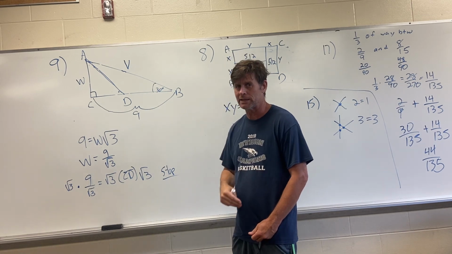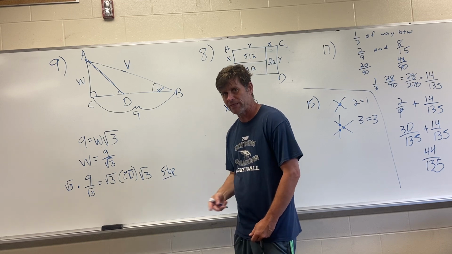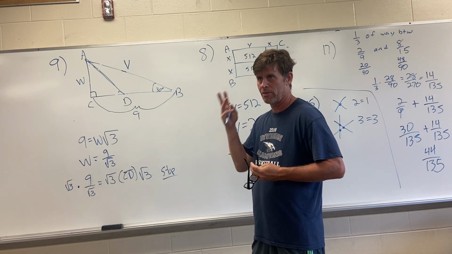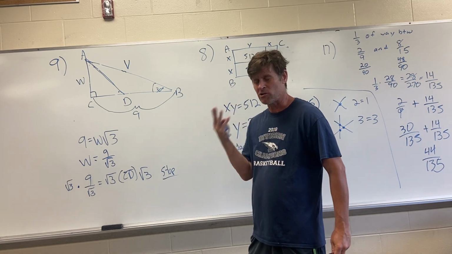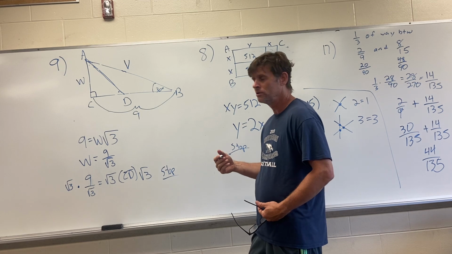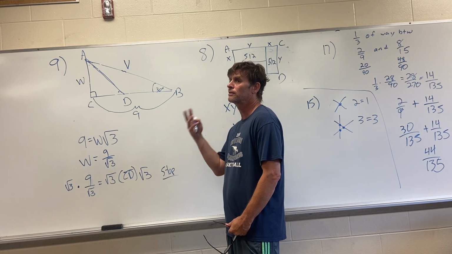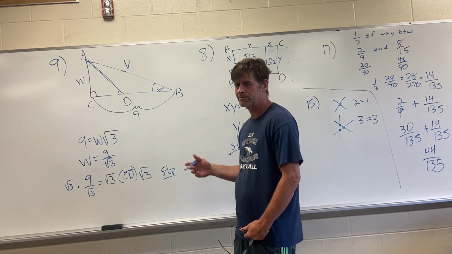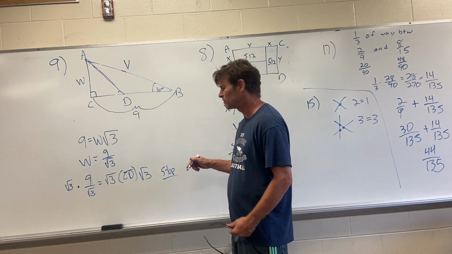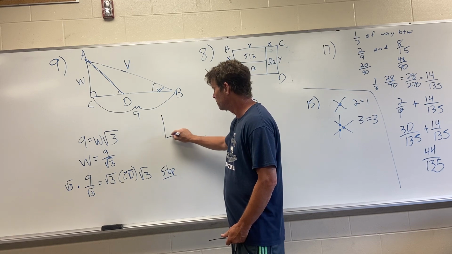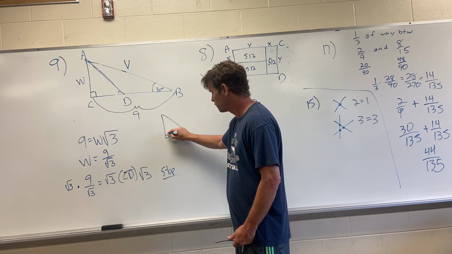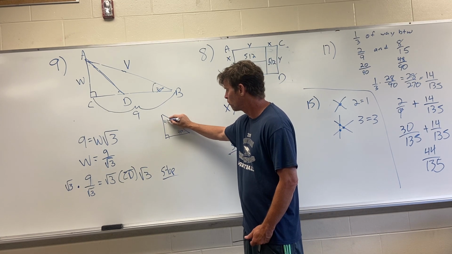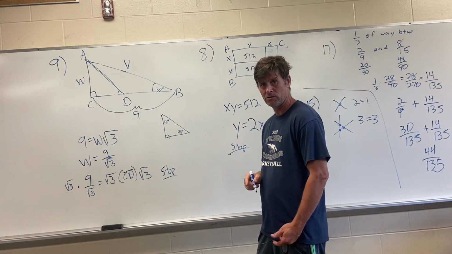If you're on a math team, if you do MathCounts, with your Pythagorean theorem problems and right triangles, you need to know your special triples, like the 3, 4, 5, the 5, 12, 13, all of those. But you also need to know, when you get into some trigonometry, a couple of special right triangles. One of them is the 45, 45, 90 triangle.